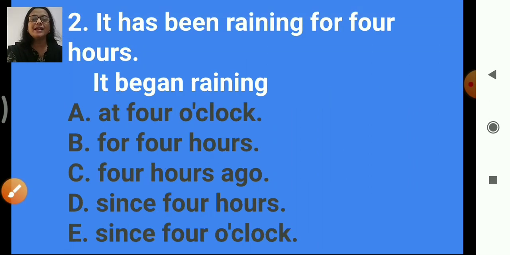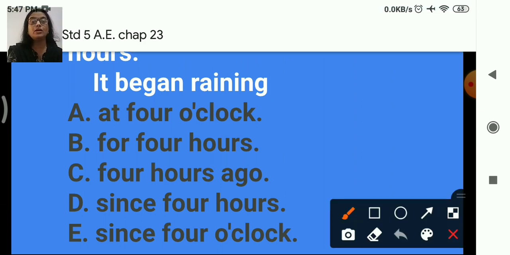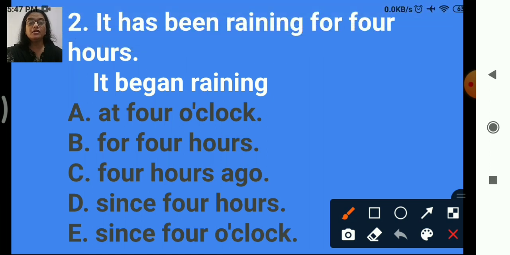Now the next one. It has been raining for 4 hours. So it began raining. Now what will be the option? We have here at 4 o'clock, for 4 hours, option 4 hours ago, since 4 hours, or option E, since 4 o'clock.